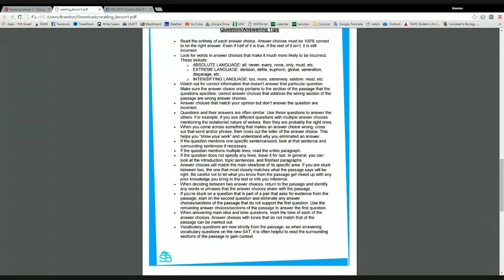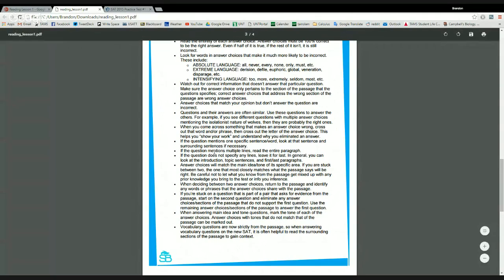Now, if the questions mention multiple lines, make sure to read the entire paragraph rather than only reading 2 lines above and below, because the entire paragraph usually helps you understand what these few lines are mentioning. If the questions do not specify any lines, leave them for last. Just as I said, main ideas, leave those for last. And in general, you can look at the introduction, topic sentences, and first or last paragraphs to understand the main idea.